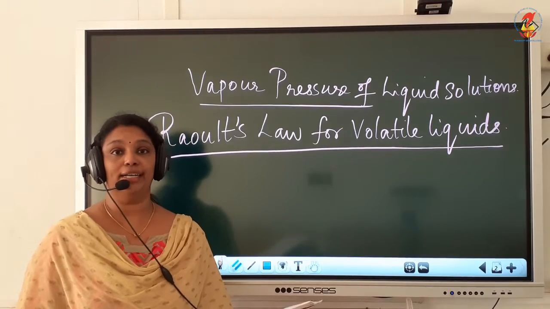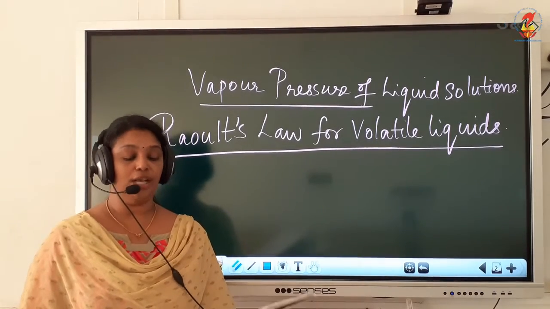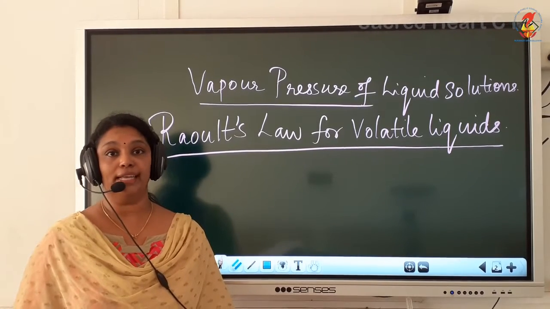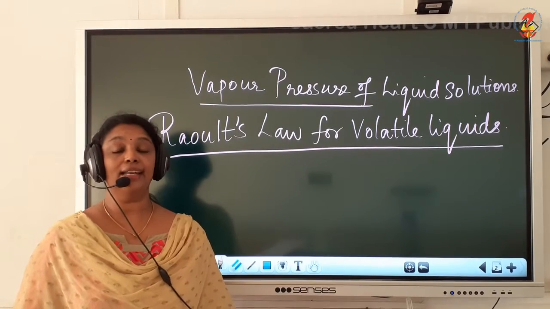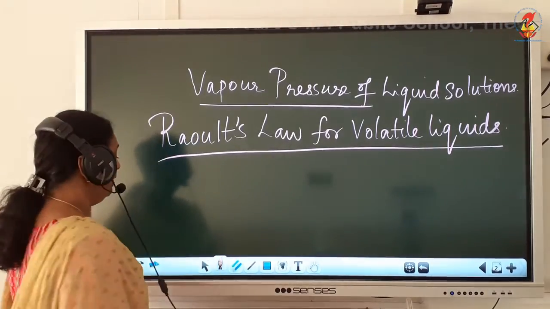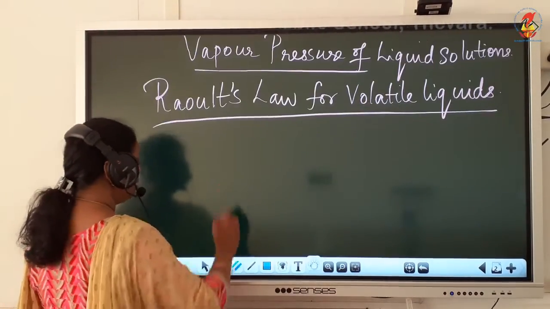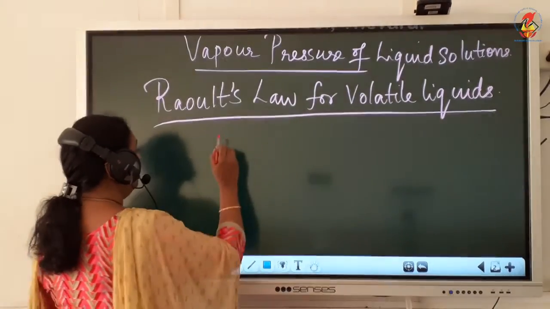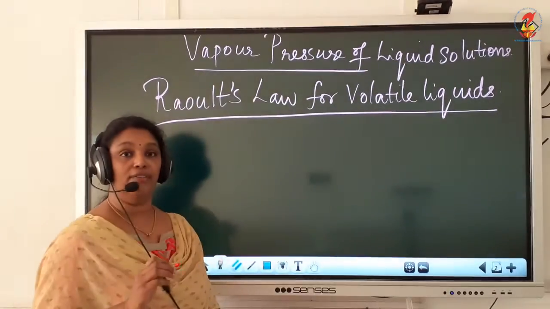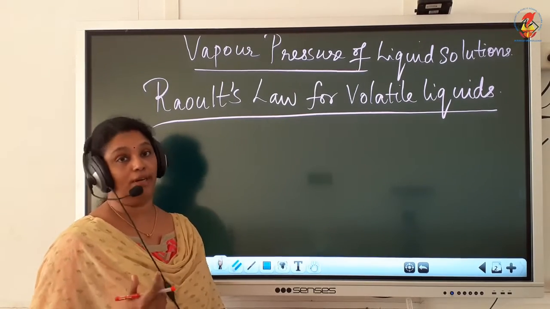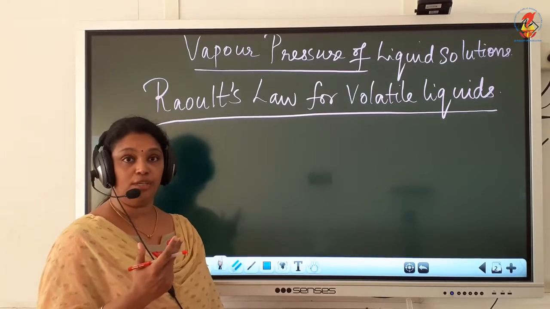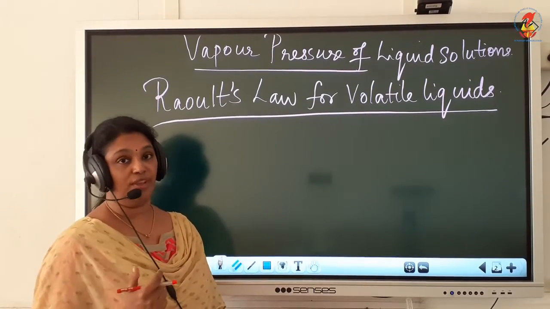For a solution of volatile liquid, the partial vapor pressure of each component in solution is directly proportional to its mole fraction. We have two components, solvent and solute, and both are volatile in nature. So, solvent will have its vapor pressure and solute will have its vapor pressure.